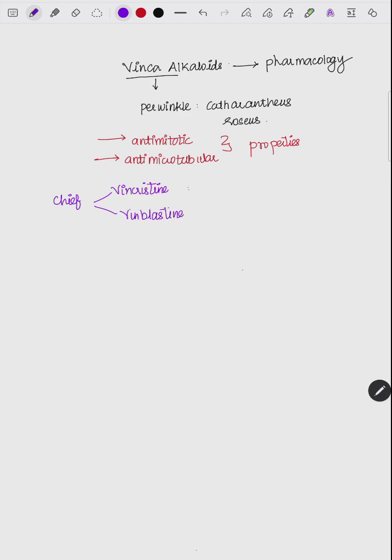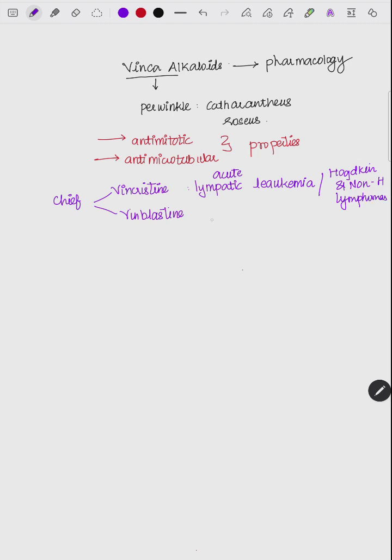Vincristine is generally used for lymphatic leukemias, including acute lymphatic leukemia, and it is also used for Hodgkin and non-Hodgkin lymphomas.